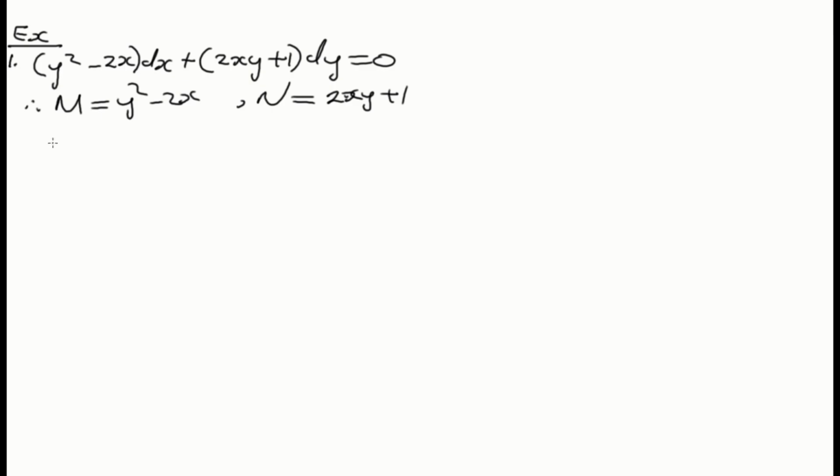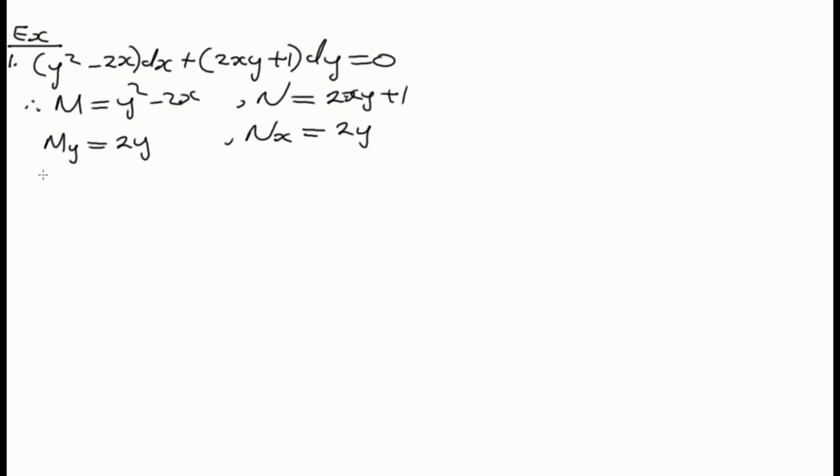So what do we do when we perform the test? We go into the m, we differentiate it with respect to y. This will give us a 2y, therefore have a 0. We go into the n, differentiate with respect to x. This will give us a 2y.